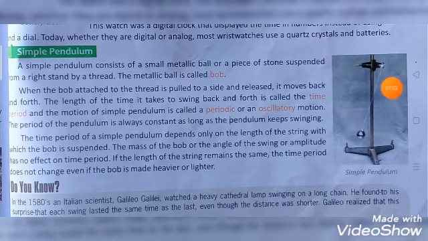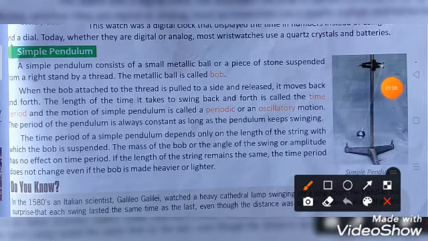Again, now let's see a simple pendulum. In a simple pendulum, we have a metallic ball and a string. You just look at the diagram.